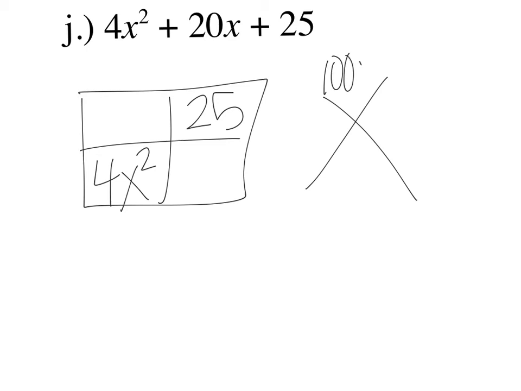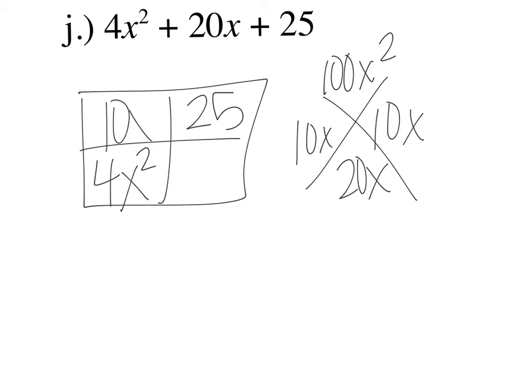Multiply to get 100x squared, and my 20x is in the bottom of the diamond. So we need two numbers that multiply to give us 100, but add to give us 20. Well, that's going to be 10 and 10. And then we can find our dimensions. So 10x and 4x squared have a 2x in common. And then we can work backwards from there.